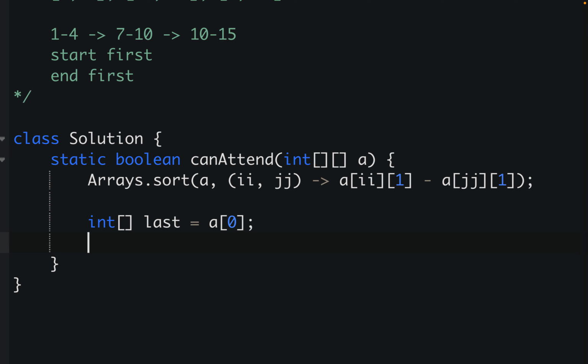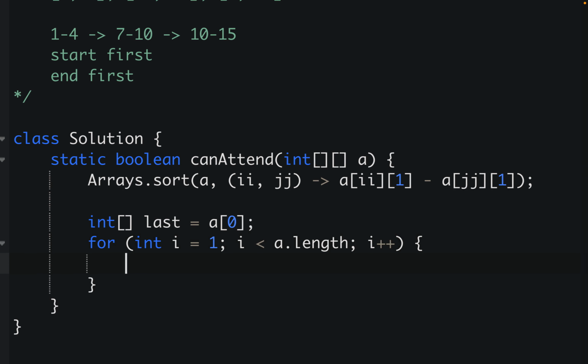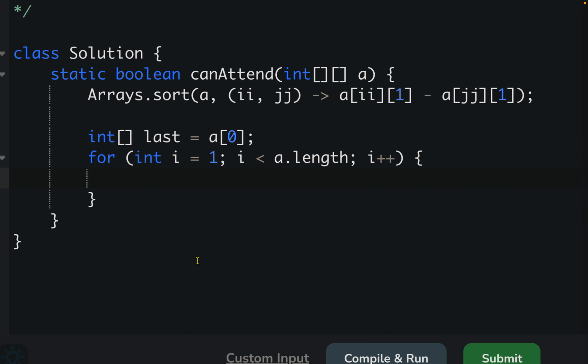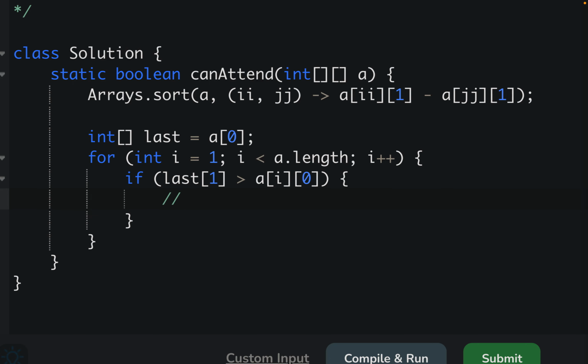This would denote the last meeting I have attended. Initially I am attending the 0th meet, and if I am attending the 0th meet, the rest of the meets are from 1. That is obvious, right? So from 1, I'm attending the rest till the length of meetings. I'll just check that if my last meeting's end time is greater than this meeting's start time, this meeting being A of I and its start, then obviously I cannot, so this overlaps.